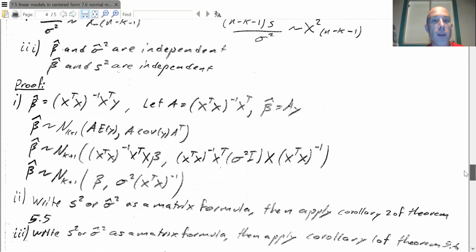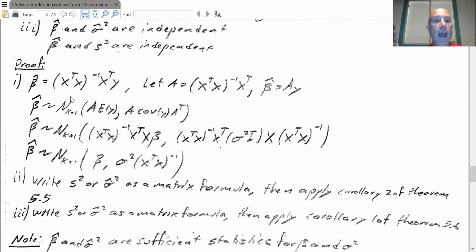All right, so let's go ahead and go through the proof. Beta hat is just equal to this. We already worked that out. So I'm going to take this constant matrix. Remember, X is a constant known matrix in this situation.